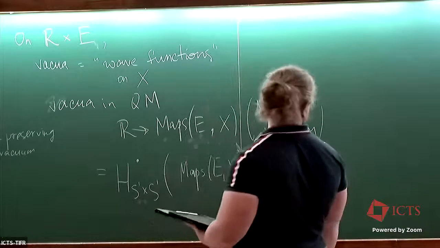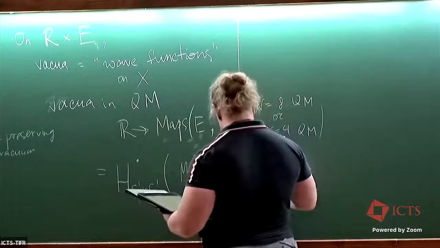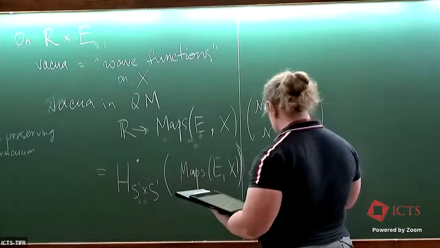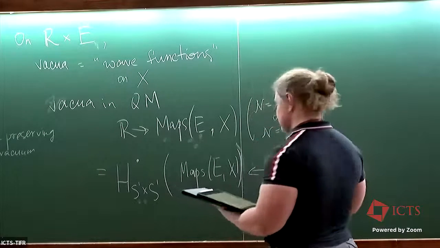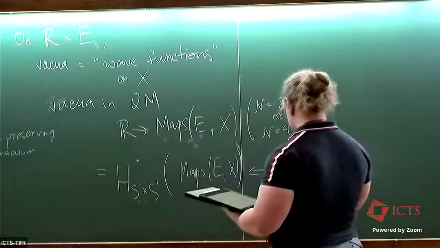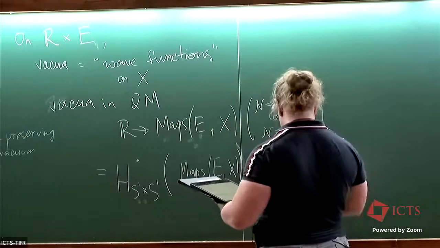Well, and this thing is roughly what you like. If you would try to make sense of this object in some way, you would end up building elliptic cohomology.